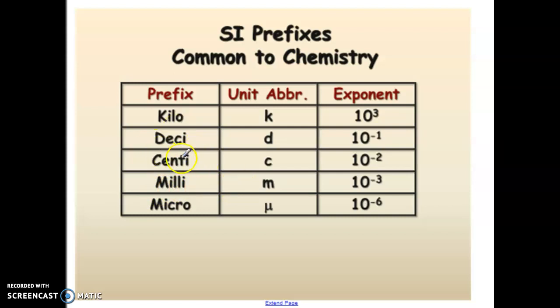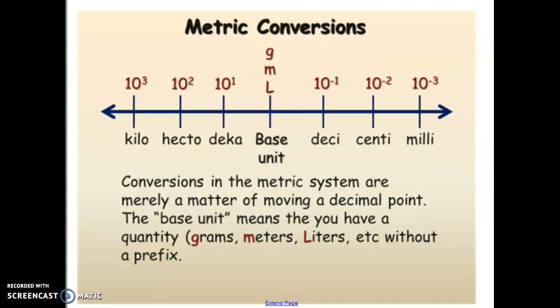You add the prefix to whatever the actual unit happens to be. There is also another one that we will be using that is actually larger than kilo, that is a mega, which is a capital M. That is actually 10 to the positive 6. Okay, and we'll look at examples with that in a bit.